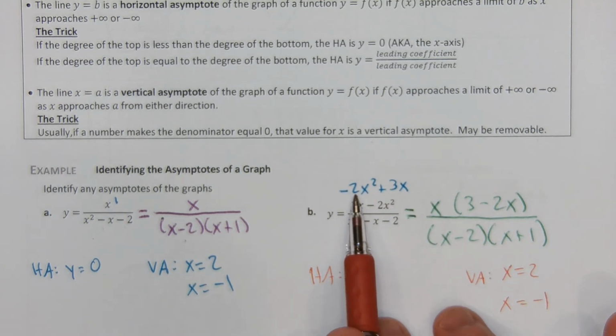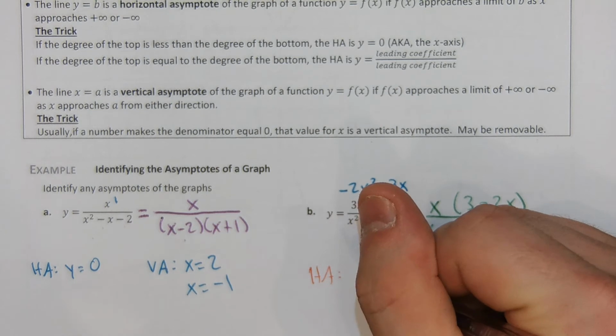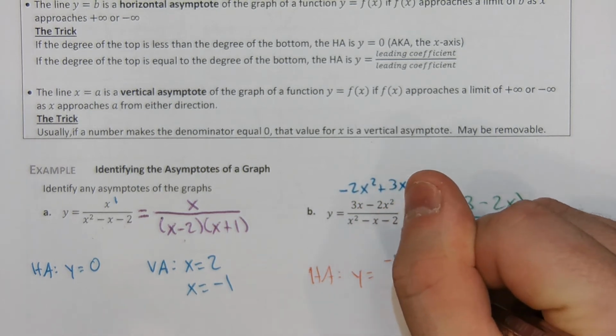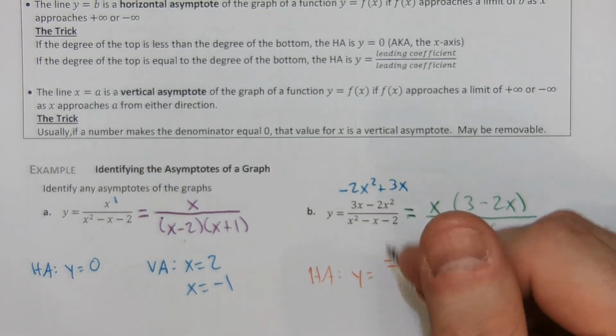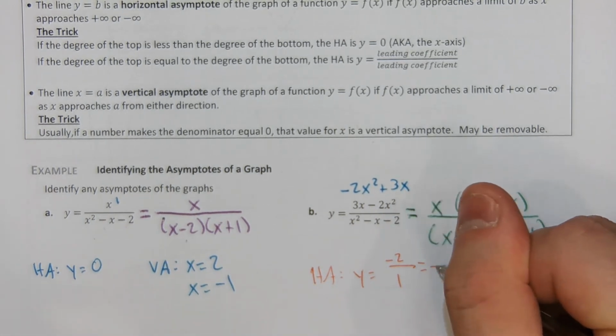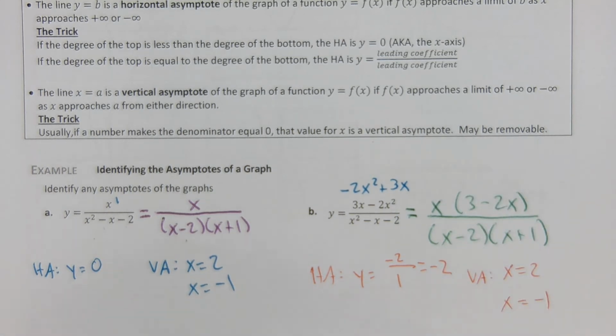The leading coefficient of the numerator is -2 when it's written in standard form. And the leading coefficient of the denominator is 1. So there you go. y equals -2 is the horizontal asymptote. That's how you identify your vertical and horizontal asymptotes.